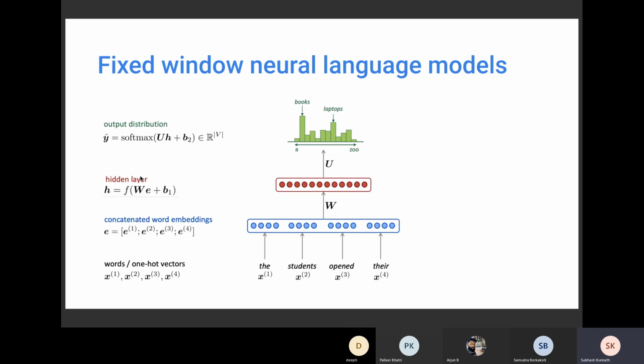You multiply this whole vector with a weight matrix, add a bias, and pass it through some nonlinear function, and at the end you convert the resultant vector to a probability distribution using softmax. You can train this neural network through backpropagation, and at the end you have the model, which is your weight vectors as well as the bias vectors, and you don't have to store the entire count.